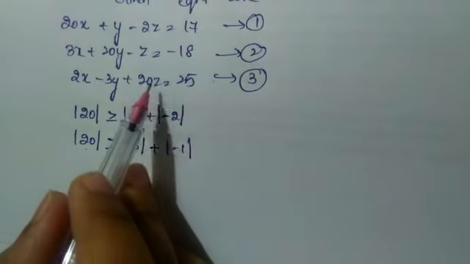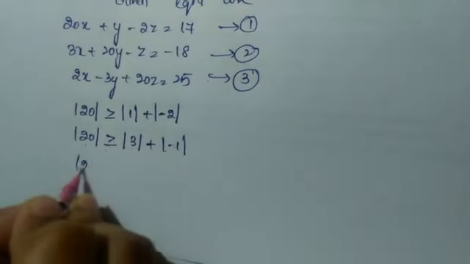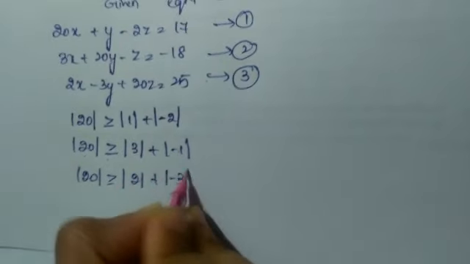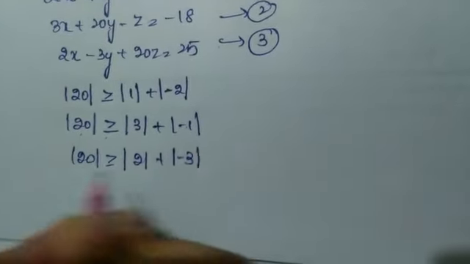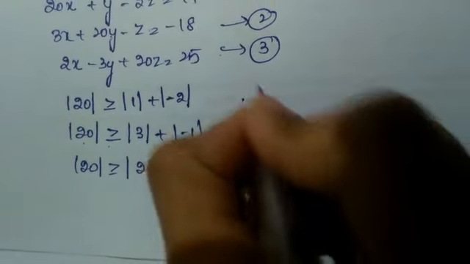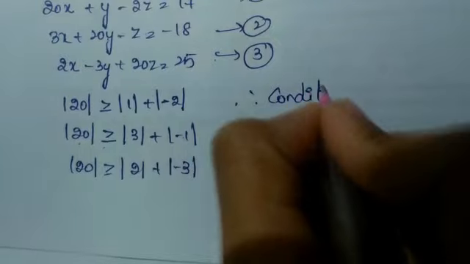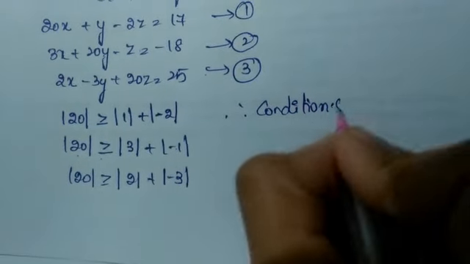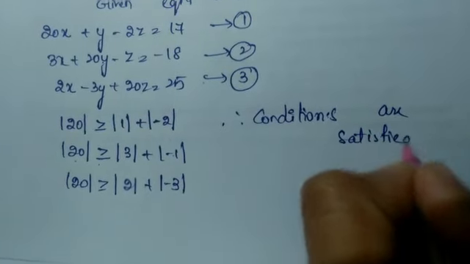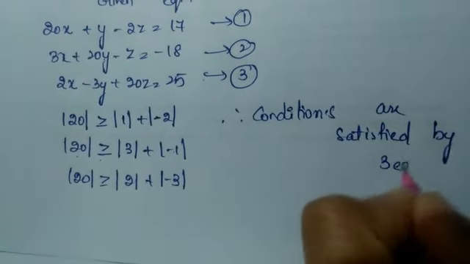From the third equation I am taking the coefficient of z: 20 is greater than or equal to mod 2 plus mod minus 3, that is 2 plus 3, which is 5. Then 20 is greater than or equal to 5, which is true. So the conditions are satisfied by all three equations.